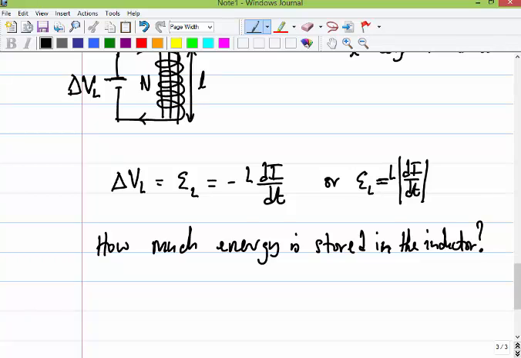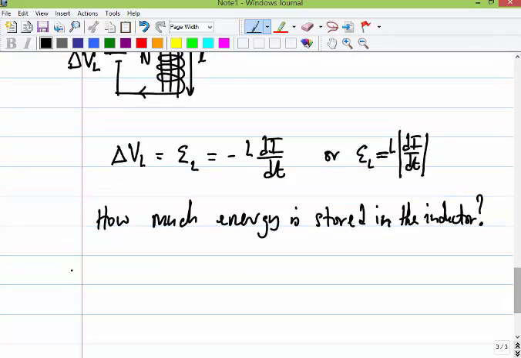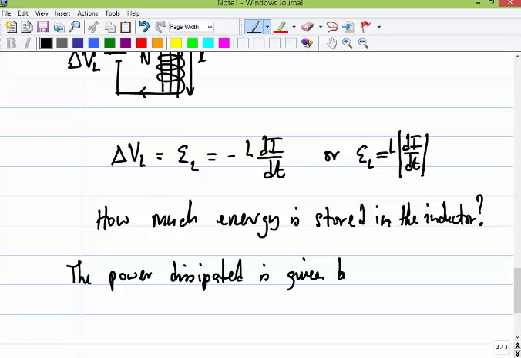We start off by saying that the power dissipated is given by power equals current times delta V_L. The power dissipated, by definition, is current times voltage, so in the inductor it's going to be delta V subscript L. That will be the power in the inductor.